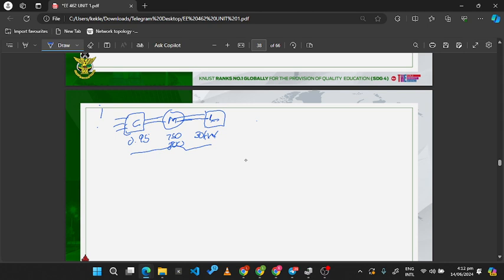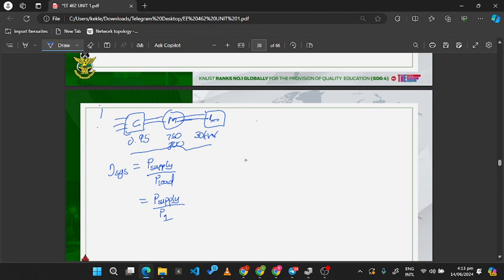If you want the efficiency of the entire system, let's say N6, it would be the P from the supply divided by the load power, right? Let's call this P1, which would be the input to the motor.